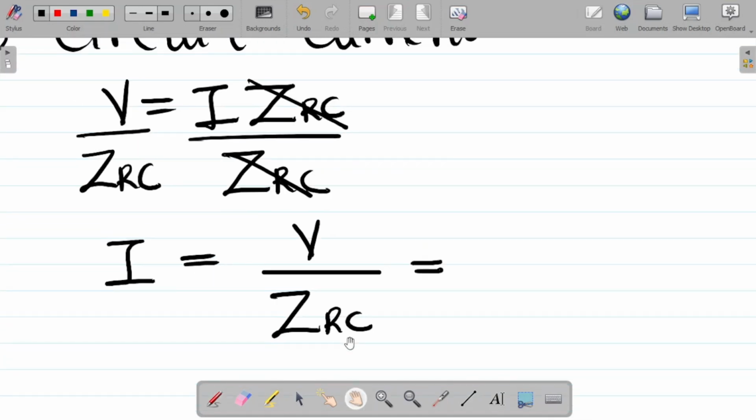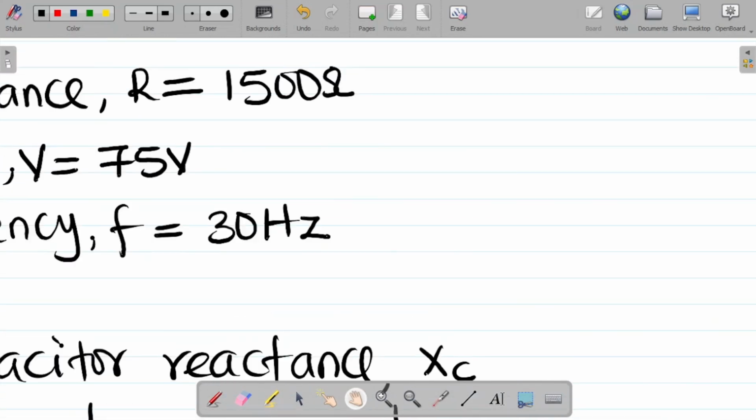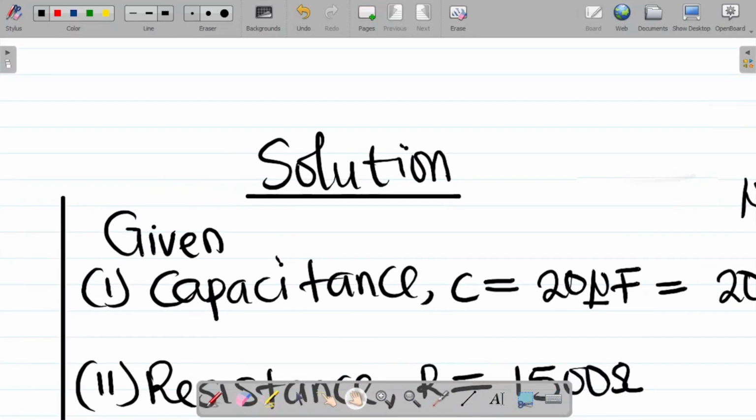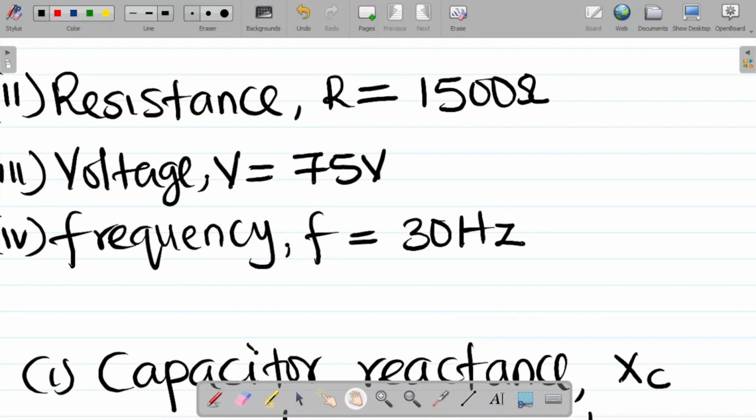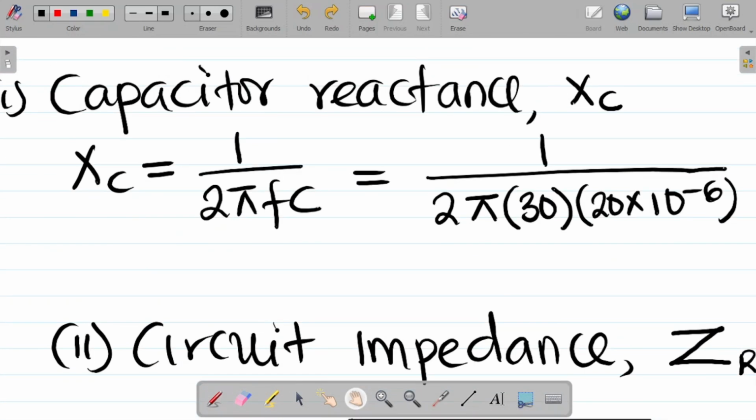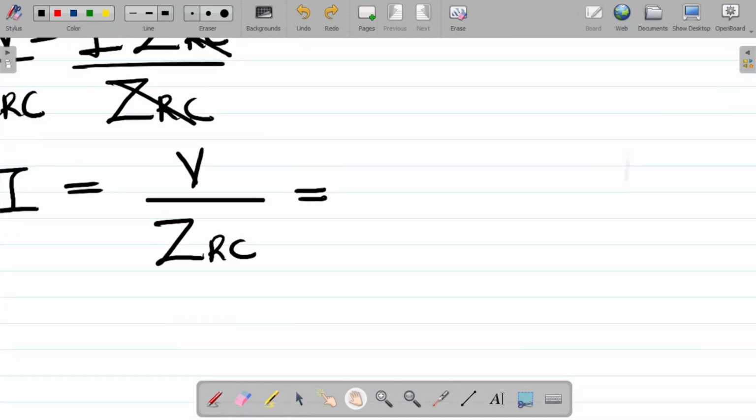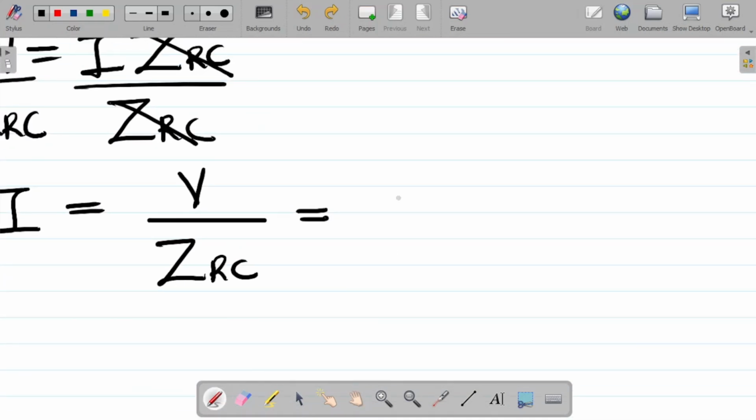What's the value for the voltage? If you go back to the question, the voltage V is equal to 75 volts. That becomes 75 volts V all over ZRC.